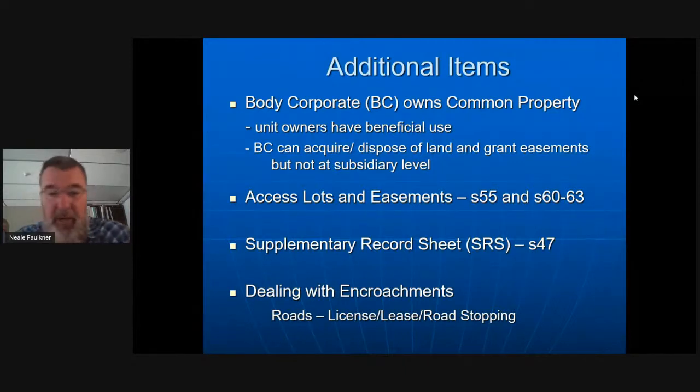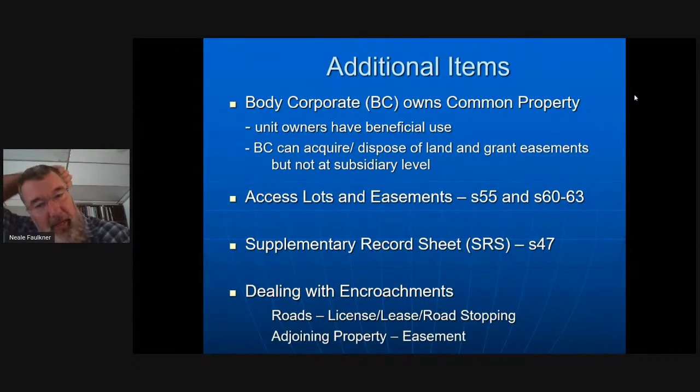So generally licenses or leases are entered into between the council and the unit title development owner, to formalise or legitimise the encroachment. If it's adjoining properties, you can get projection easements over the neighbouring property, and they can either pertain to the particular unit or to the base land if you haven't actually started the development.